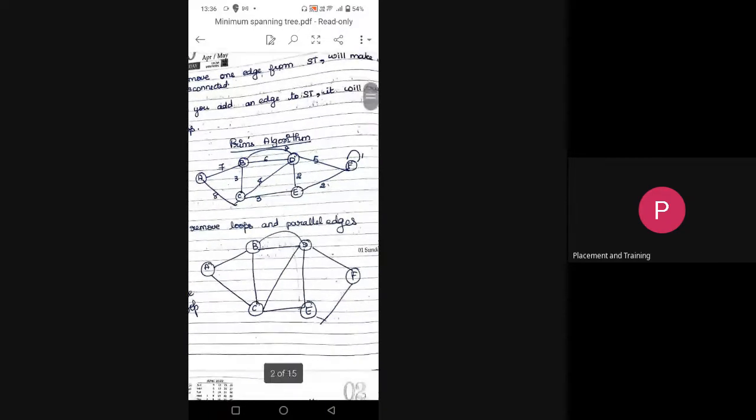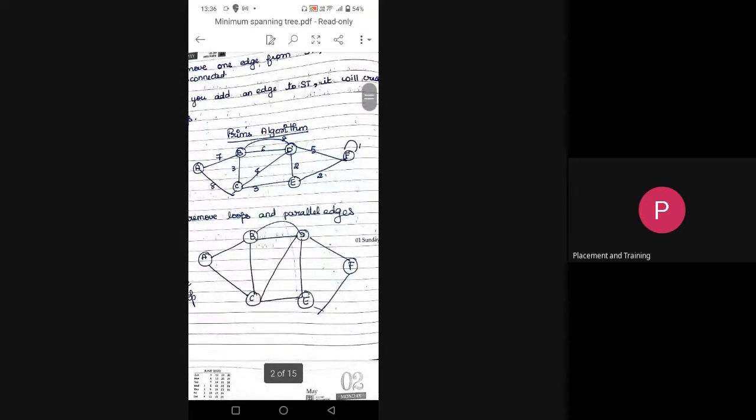So this is my example which I have taken here. So here I'm going to have my vertices A, B, C, D, E, F. These are going to be my vertices. So my first rule is that I have to remove any loops. What do I call a loop?